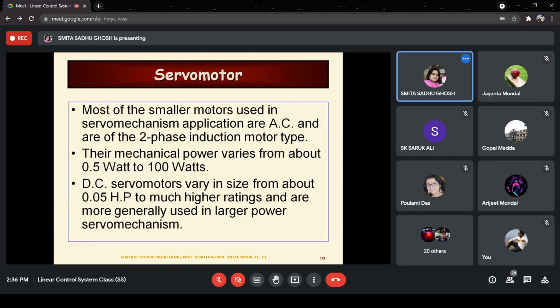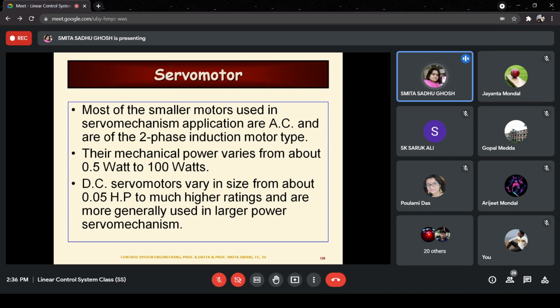However, now, as far as servo mechanism applications are concerned, meaning that if we want to position some load, right, or change the velocity of a load, then we would be using servo mechanisms.